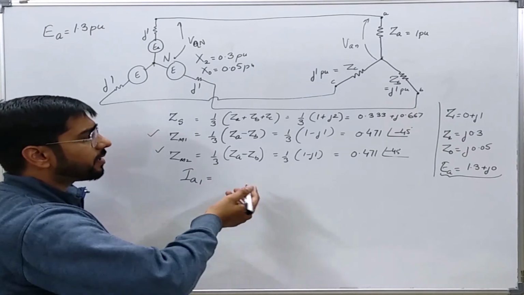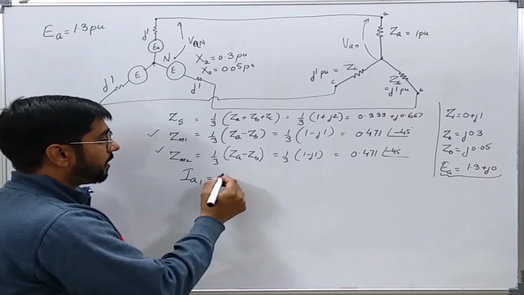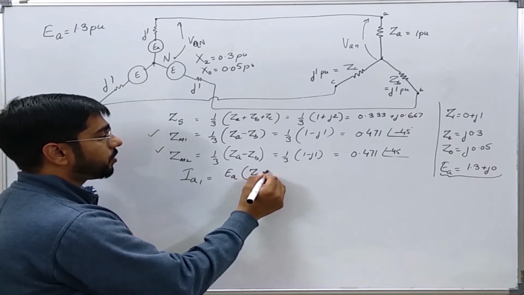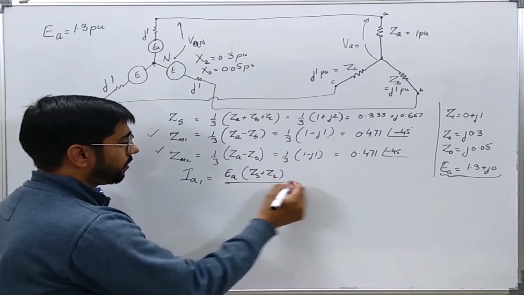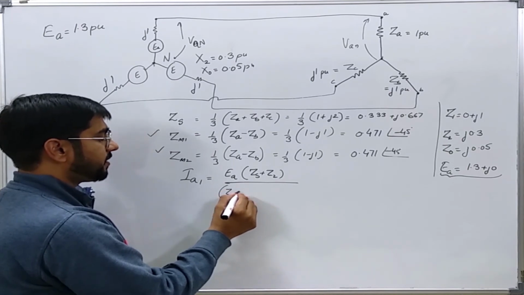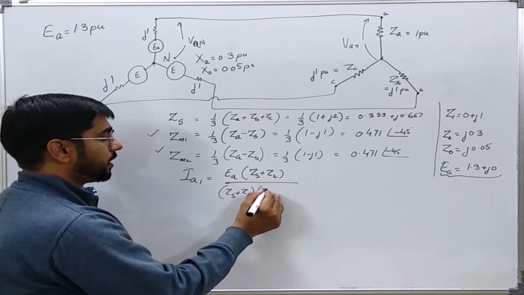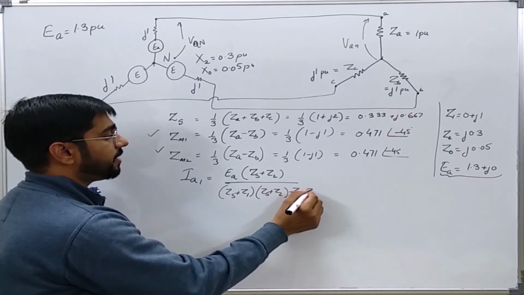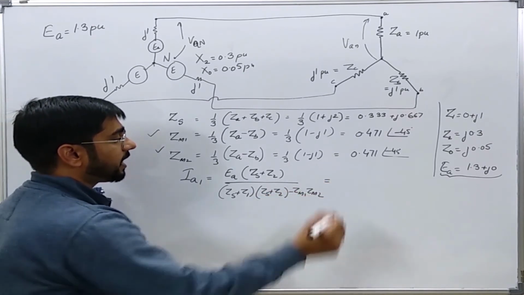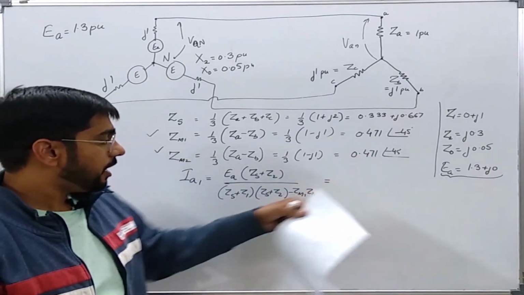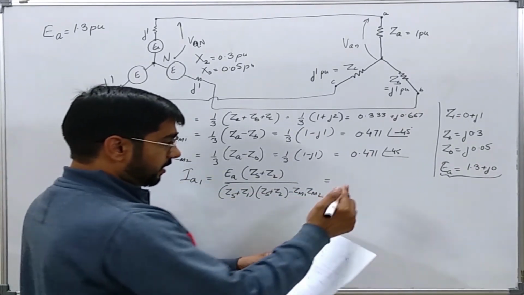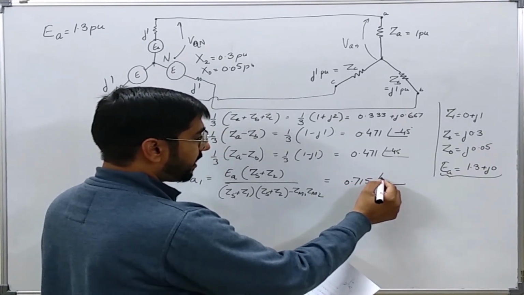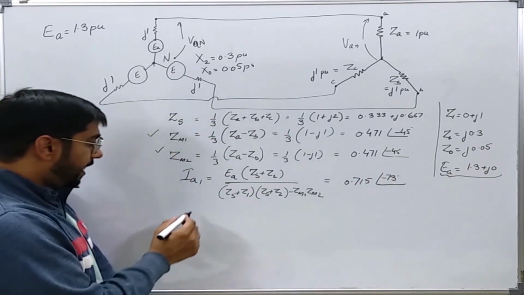It is equal to EA (Zs plus Z2) divided by (Zs plus Z1)(Zs plus Z2) minus Zm1 Zm2, and on putting various values it comes out to be 0.715 angle minus 73 degrees.